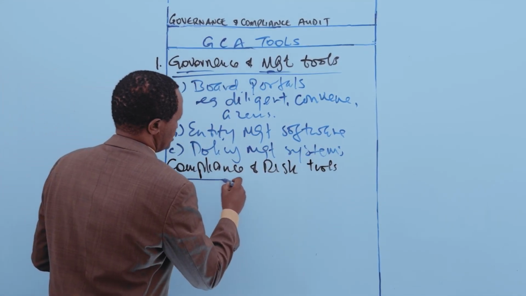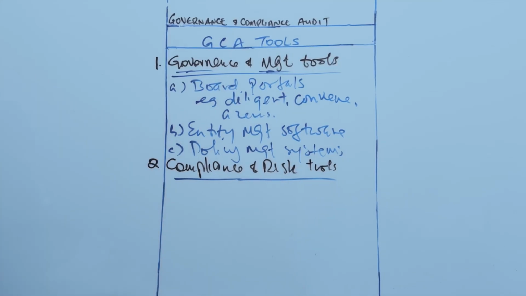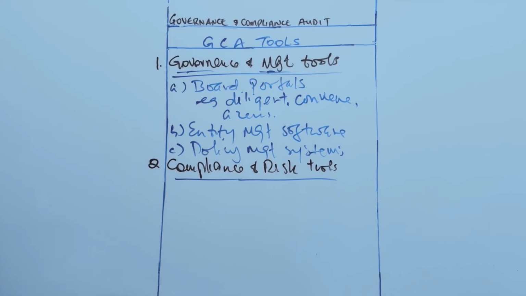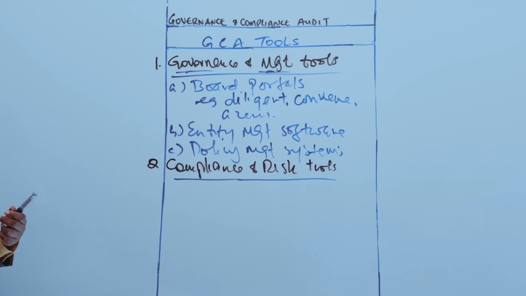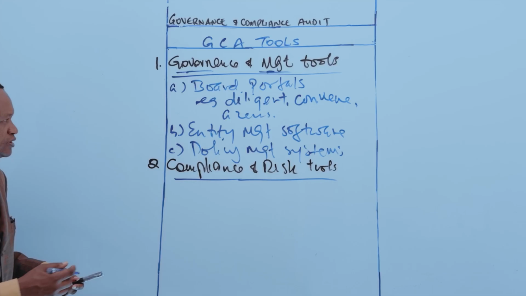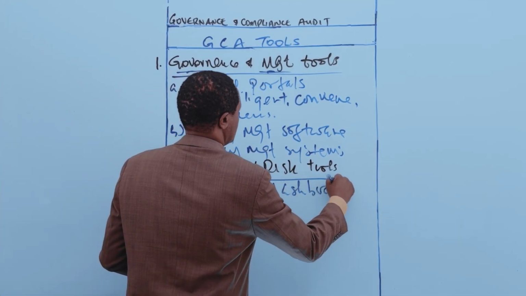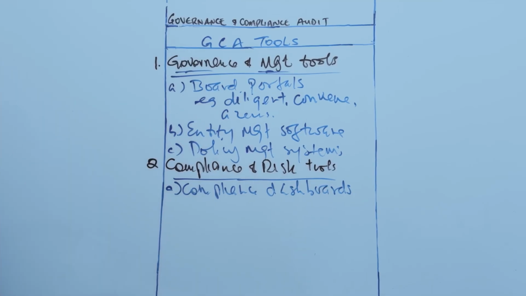This refers to the software which is the backbone of the audit process, like the compliance dashboards. Compliance dashboards provide a real-time view of compliance status across the organization.